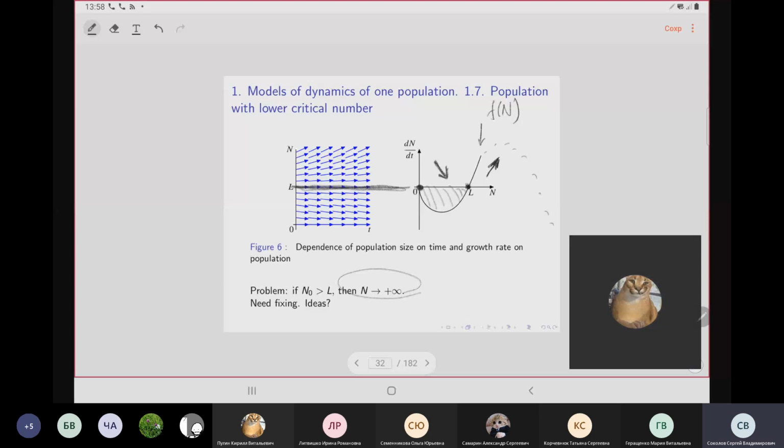Yes, we see that L is some watershed. If the population exceeds L, it goes away to infinity, and if the population is below L, then it goes to 0. So this cannot happen in our real life.